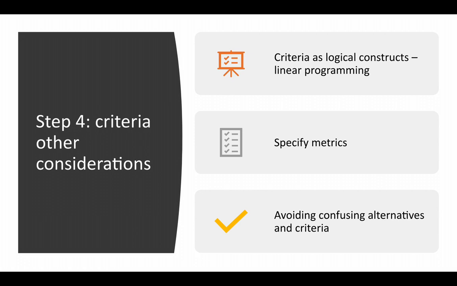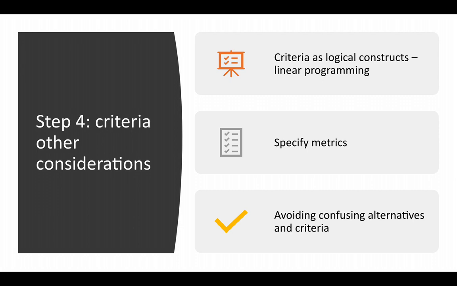All right, let's talk about other considerations around criteria. So criteria can be used as logic constructions like linear programming. I'm going to give you an example to show you what we mean by linear programming. As I said, if possible, you need to quantify your criteria.